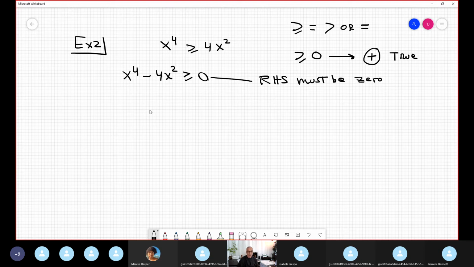Now, what is the next step? Well, the next step is factorization. I focus on this polynomial, and I make a factorization. The common factor is x squared. I see here a difference of squares, x squared minus 4.